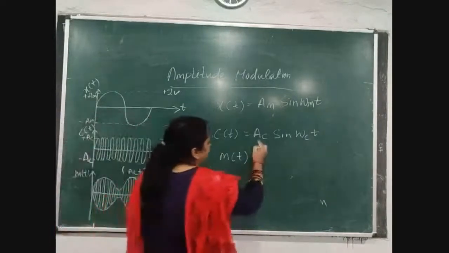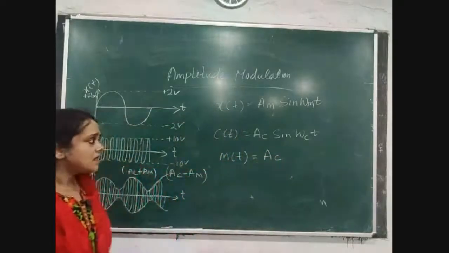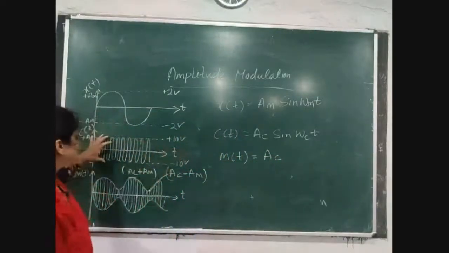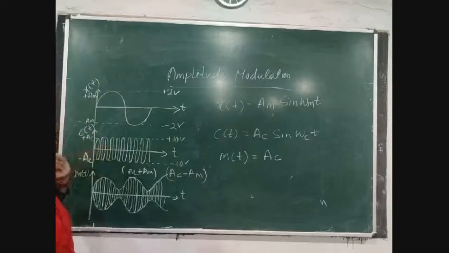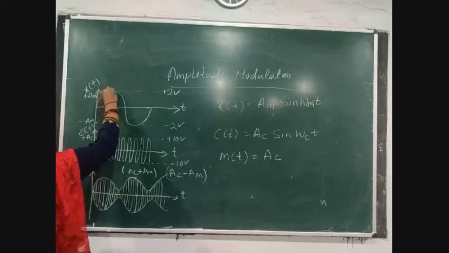First, the amplitude of the carrier signal is AC. The amplitude of the carrier signal is fixed, but the amplitude of the modulating signal is not fixed. It keeps on changing with time.